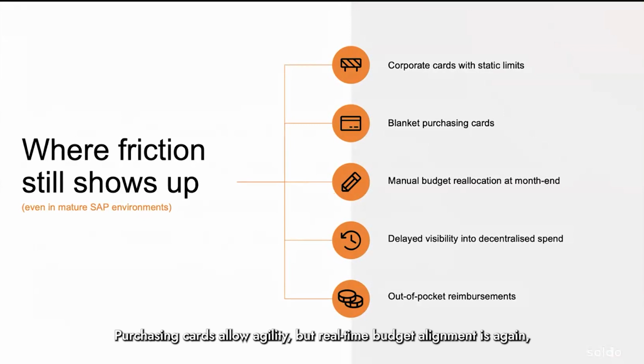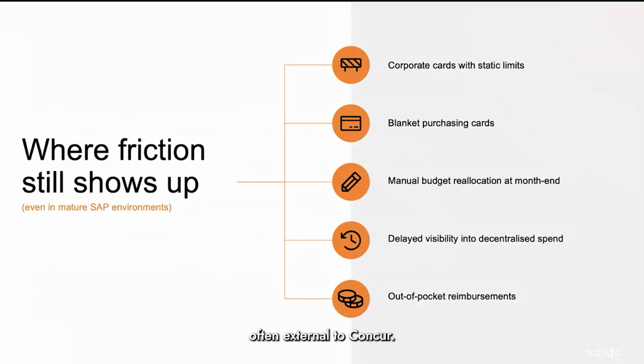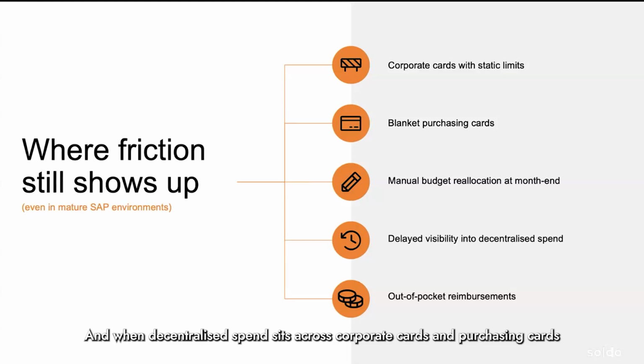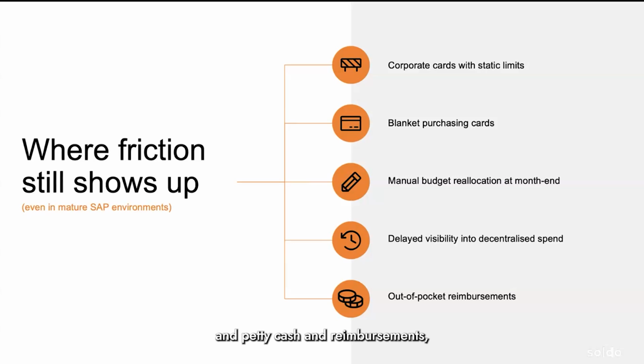Purchasing cards allow agility, but real-time budget alignment is again often external to Concur. And when decentralized spend sits across corporate cards and purchasing cards and petty cash and reimbursements, finance is only seeing the full picture at submission or at statement time. That's not a Concur limitation, it's a structural sequence issue.